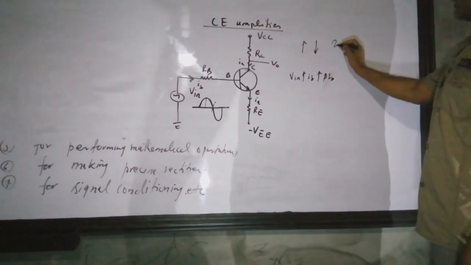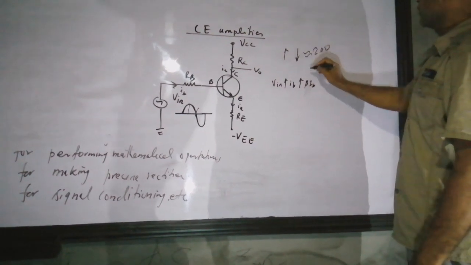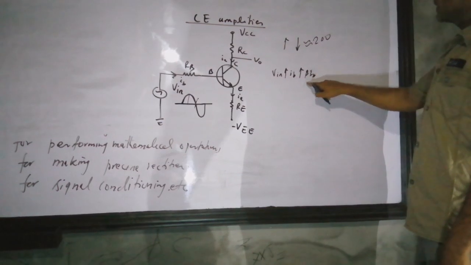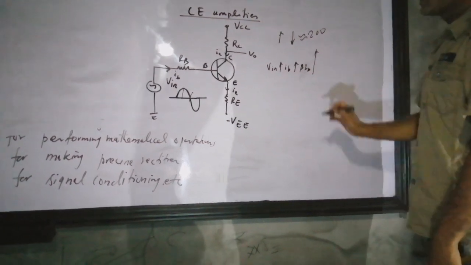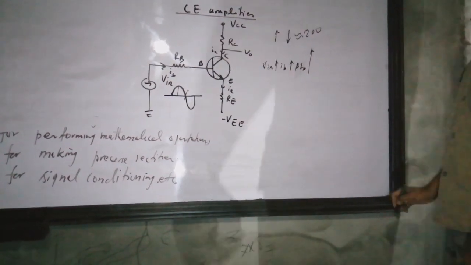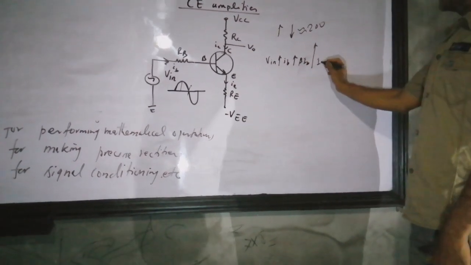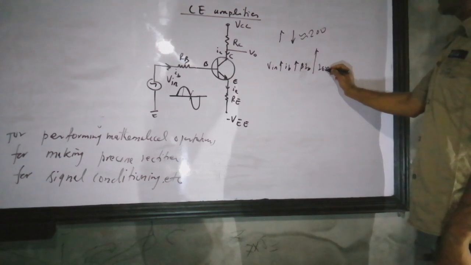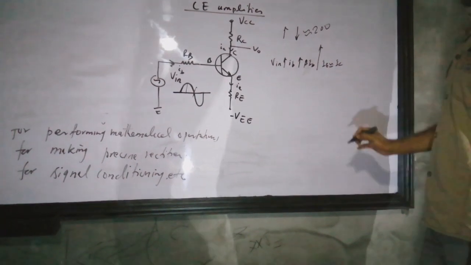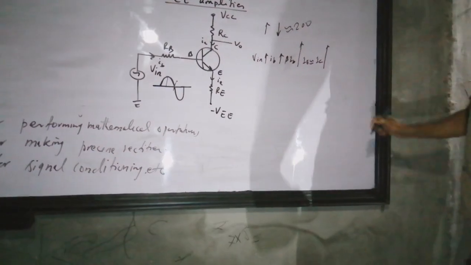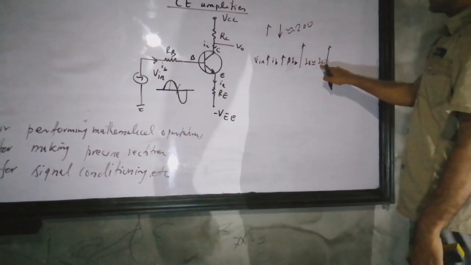Beta is about 200, so beta IB is much bigger, a bigger up arrow. Beta IB is your IE, which is nearly equal to IC. So this also increases.